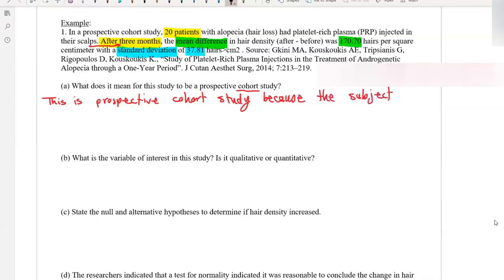Okay, so the reason is that subjects were followed for a period of time, which here was given as 3 months.